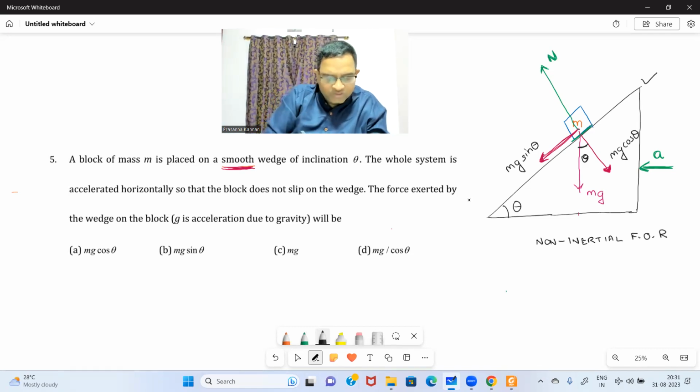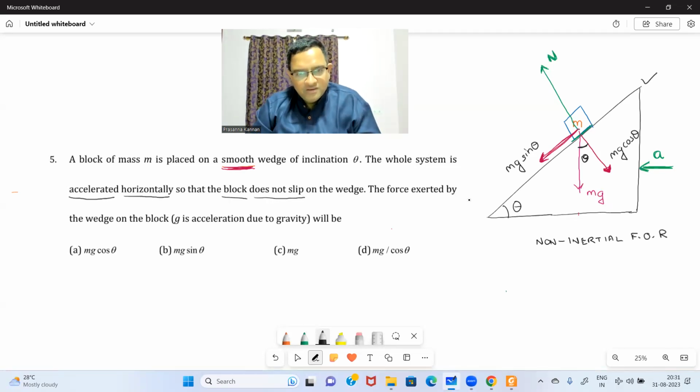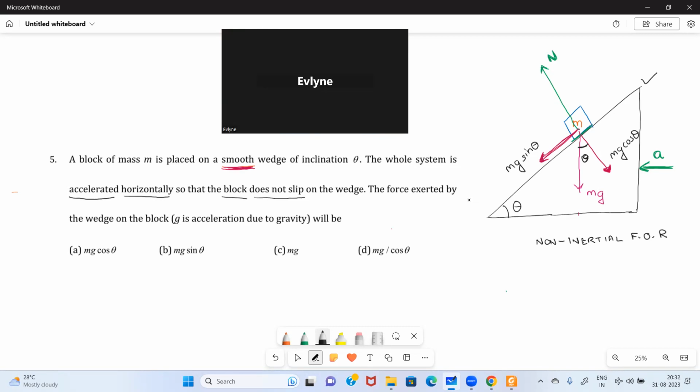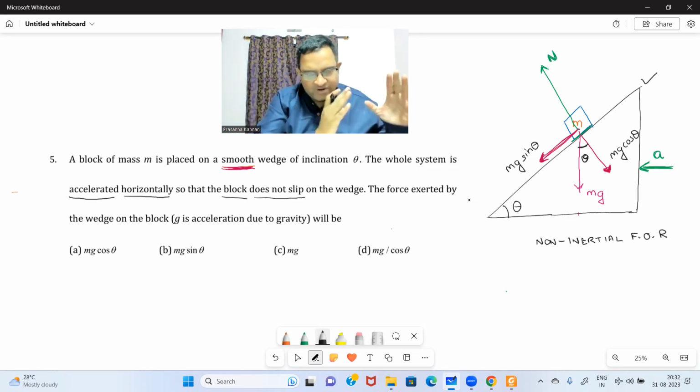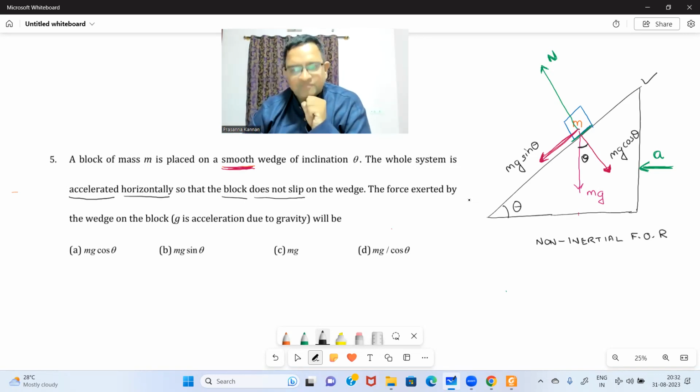It is given here, the whole system is accelerated horizontally so that the block does not slip. Clear, Evelyn? Yes, sir. So the point is the entire wedge and block system is moving with an acceleration A. Is it clear up to this point?